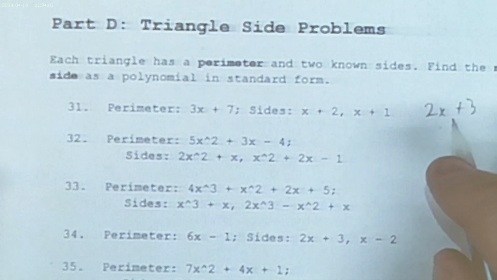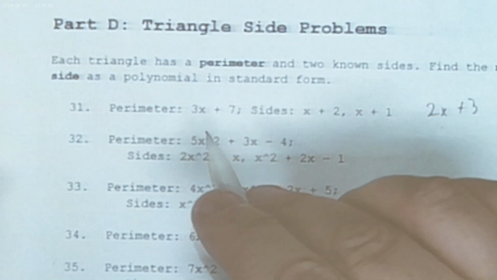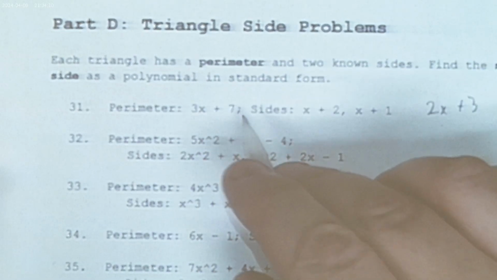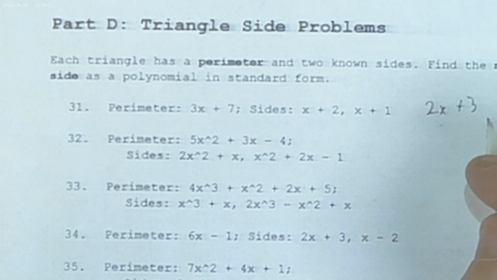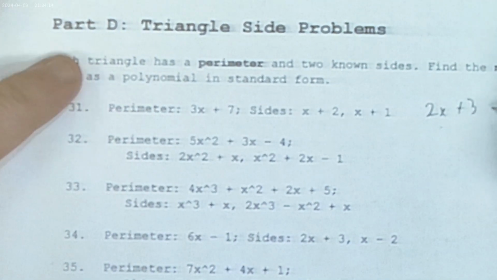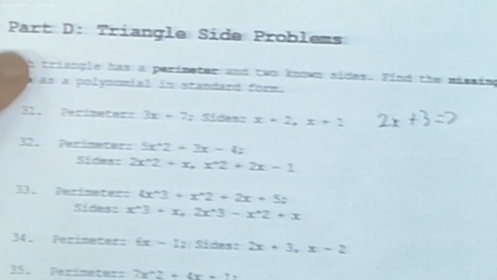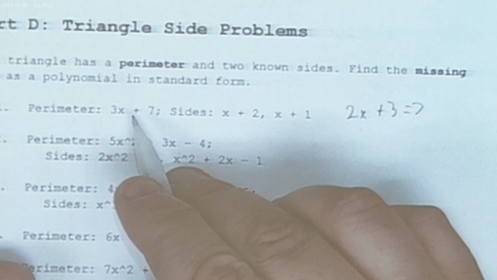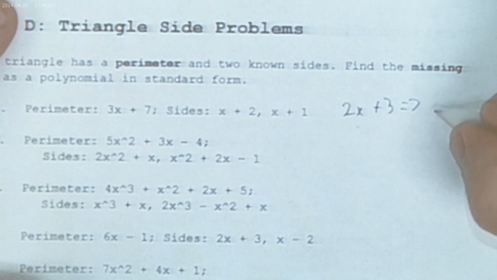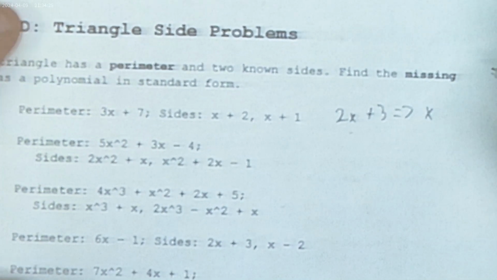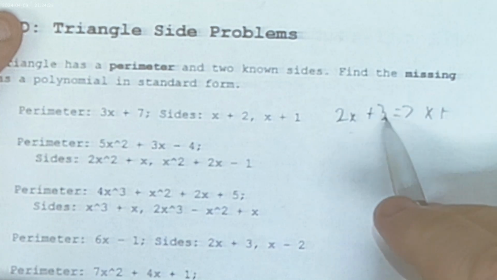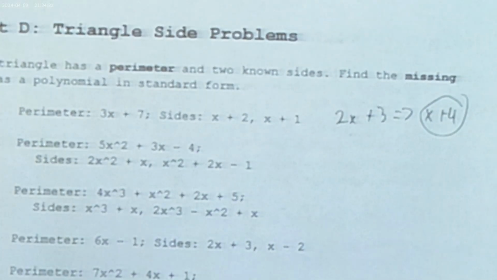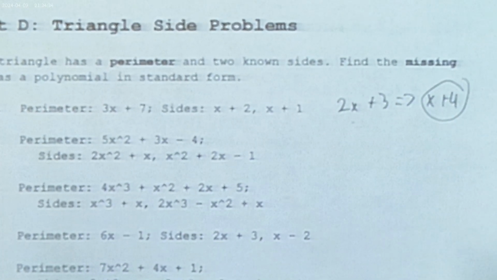Keep in mind, the x's are only going to affect the x's, and the constants are only going to affect the constants. So if this is 2x plus 3 and I need to get up to 3x plus 7, then I need to add an x, so the missing side is x plus, going from 3 to 7, 4. And that's our answer.